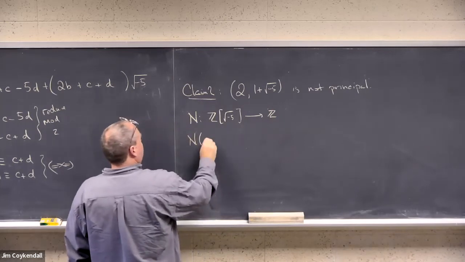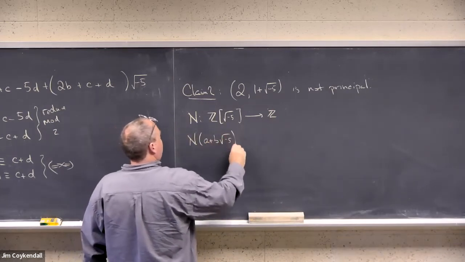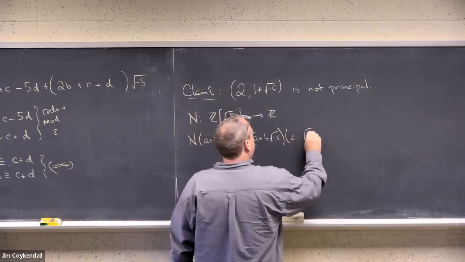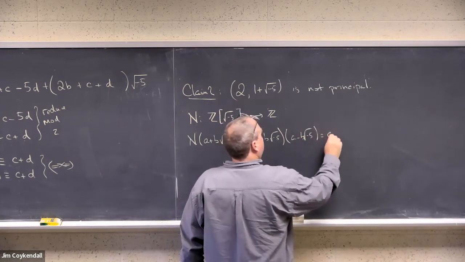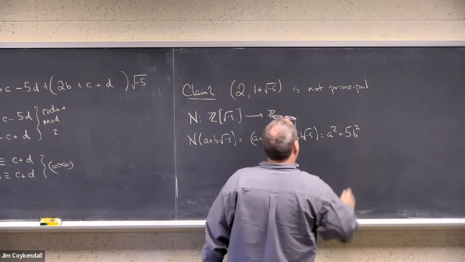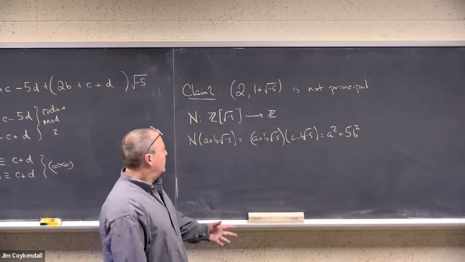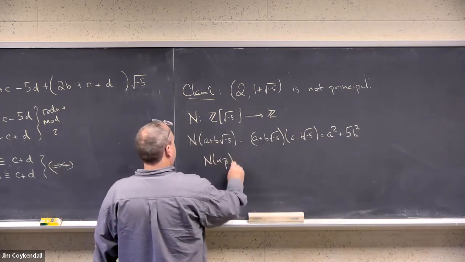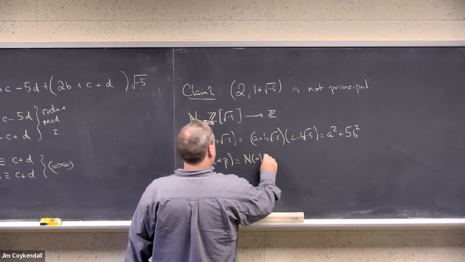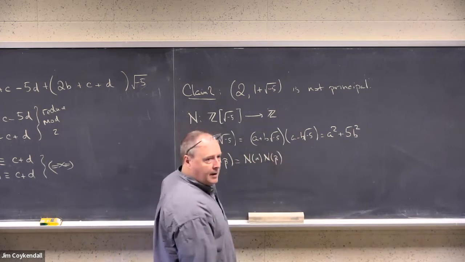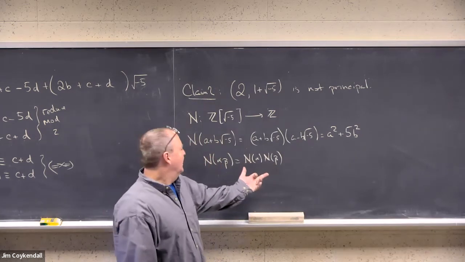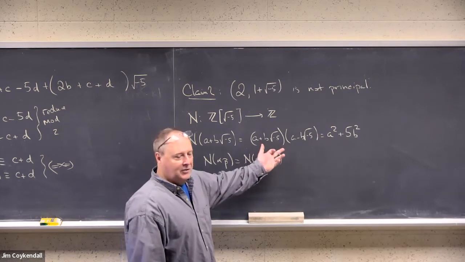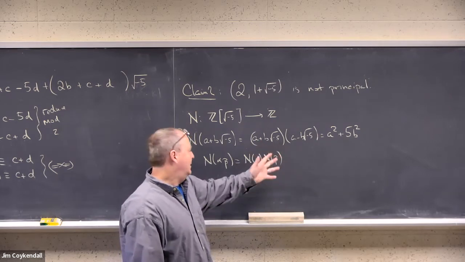So the norm of a plus b radical -5 is a squared plus 5b squared. This is very useful. Are you familiar with its multiplicative property? Very sadistic number theory teachers make you work this all out, and it's death on the hot plate. It's awful.